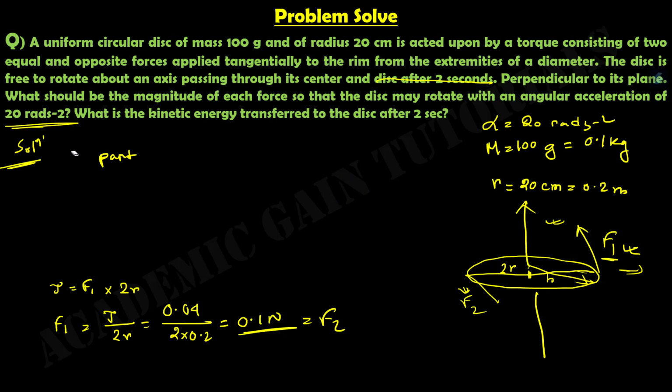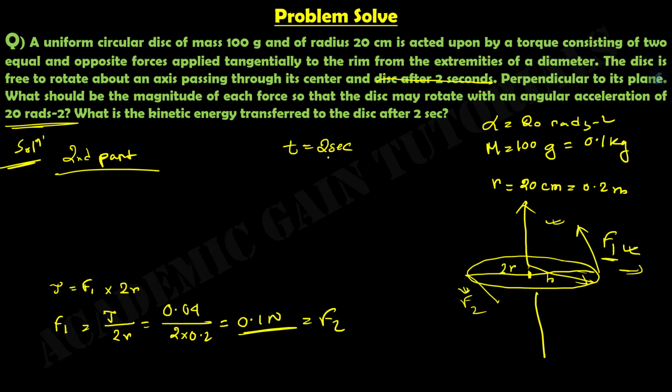For the second part, we are given a time, and our time equals 2 seconds, and we have to find the kinetic energy transferred to the disk after 2 seconds.